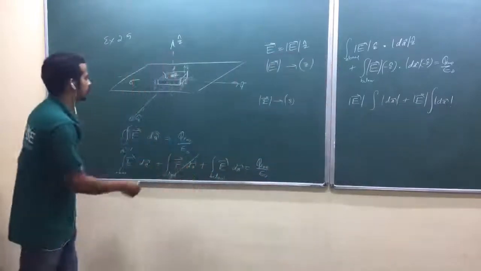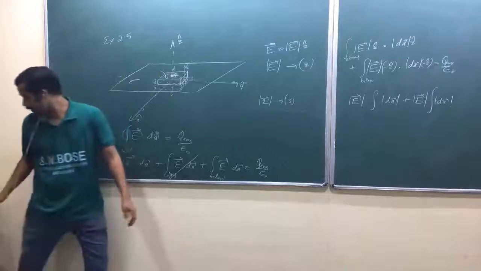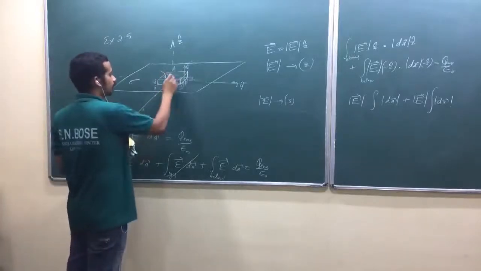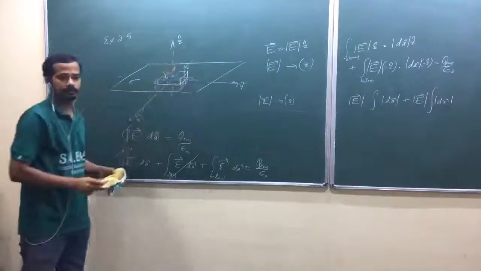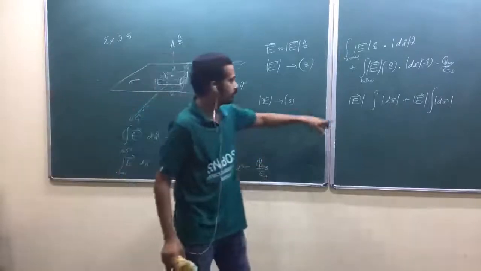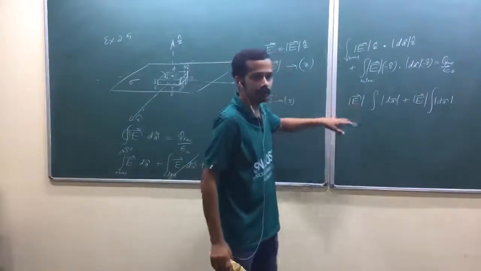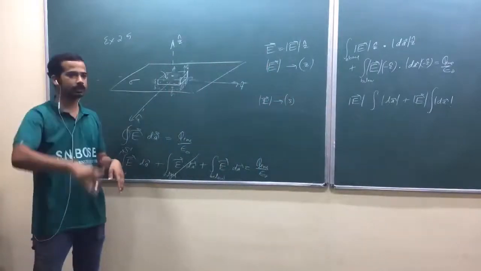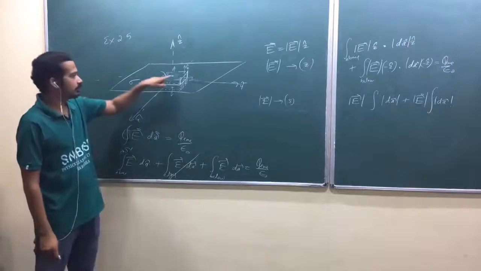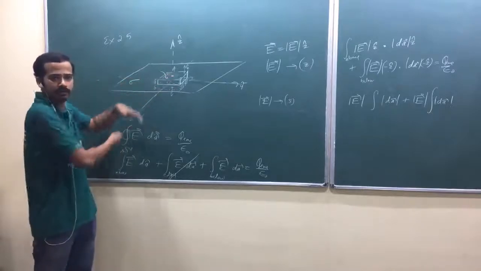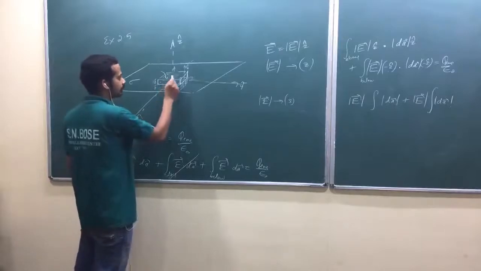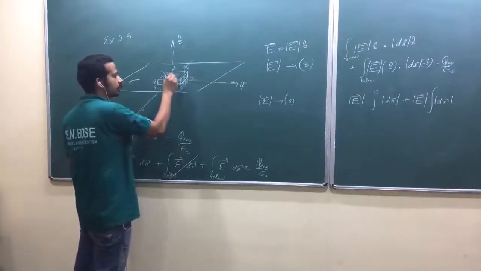Why? Look here: this is the magnitude of the electric field on the plane, on this above plane. We have to run our Gaussian surface so that it passes through the point of interest. This was our point of interest, that's why we ran the Gaussian surface like that. This is one point, this is another point, and we are trying to find the electric field here or here.